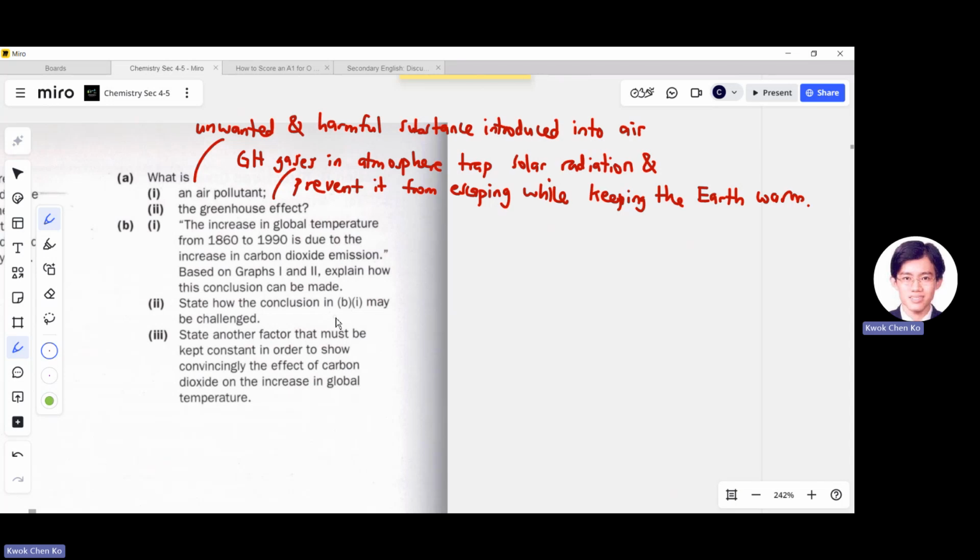How about part B? 1860 to 1990, increase in CO2. Explain how this conclusion can be made. Ethan?